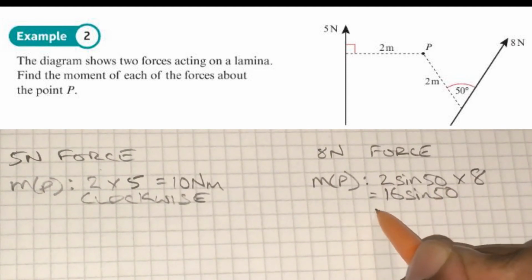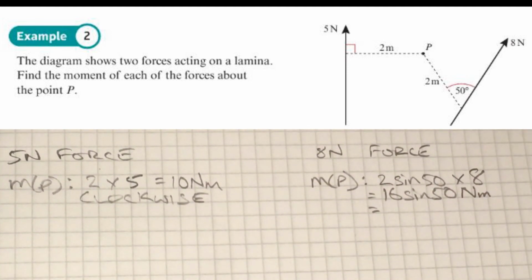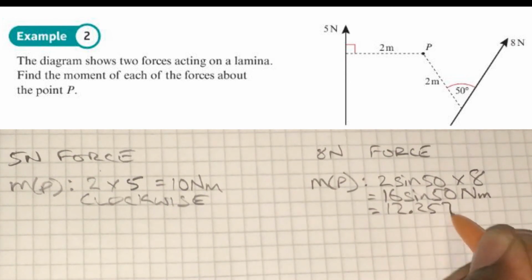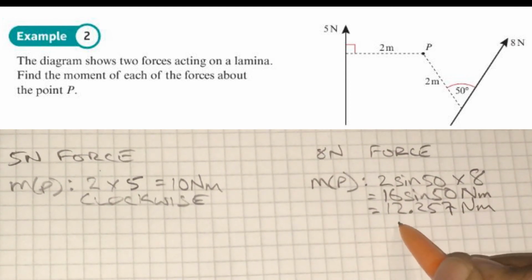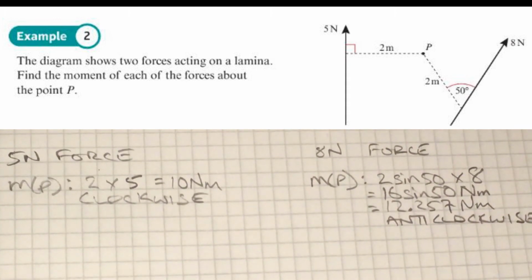And this one's going to be anti-clockwise. So altogether, 12.257 Newton meters anti-clockwise.